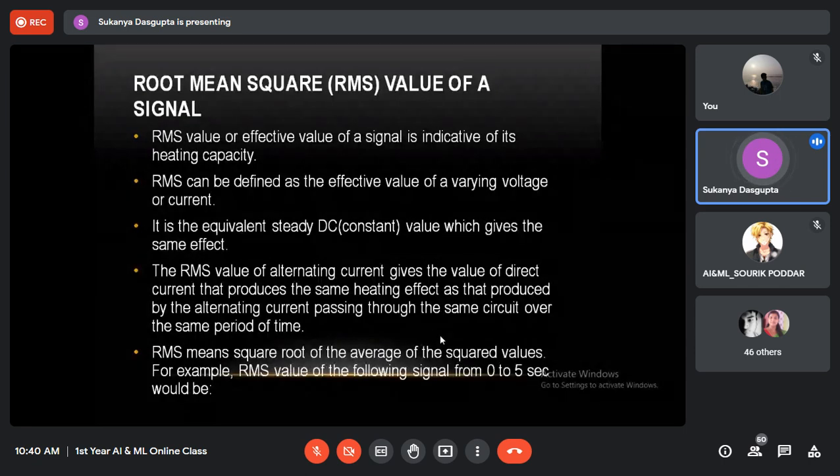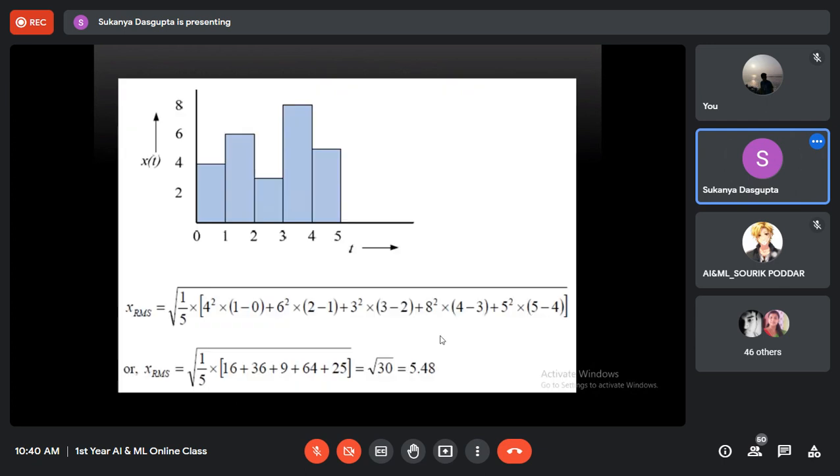And as the name implies, root mean square of the signal means the square root of the average of the squared values. Like you want to measure the RMS value of the signal from 0 to 5 seconds, which you took last day for the calculation of average value. Today we'll consider the same signal for simplicity.